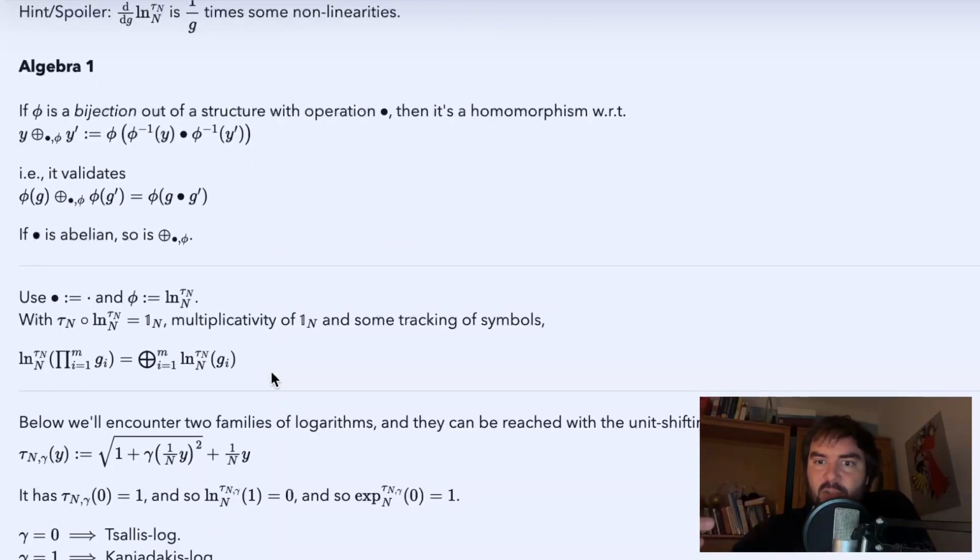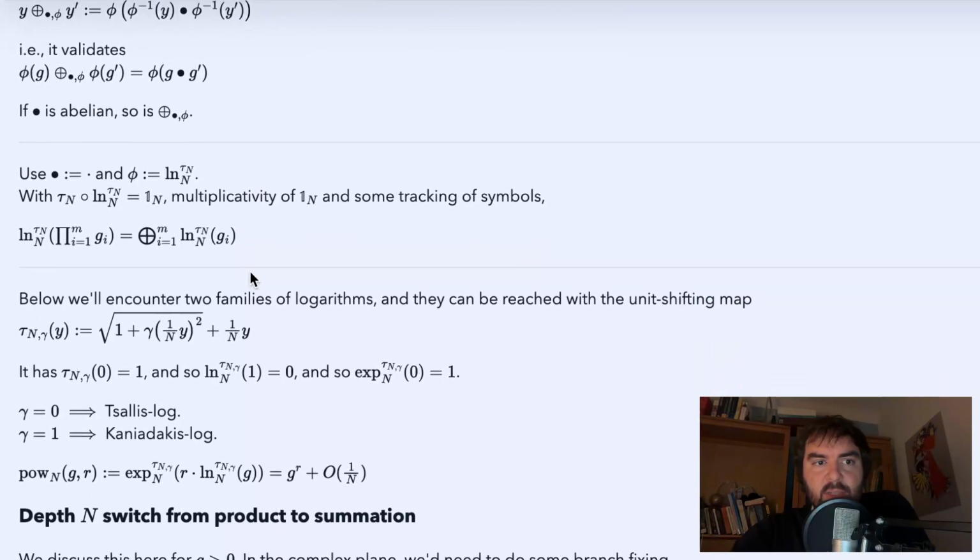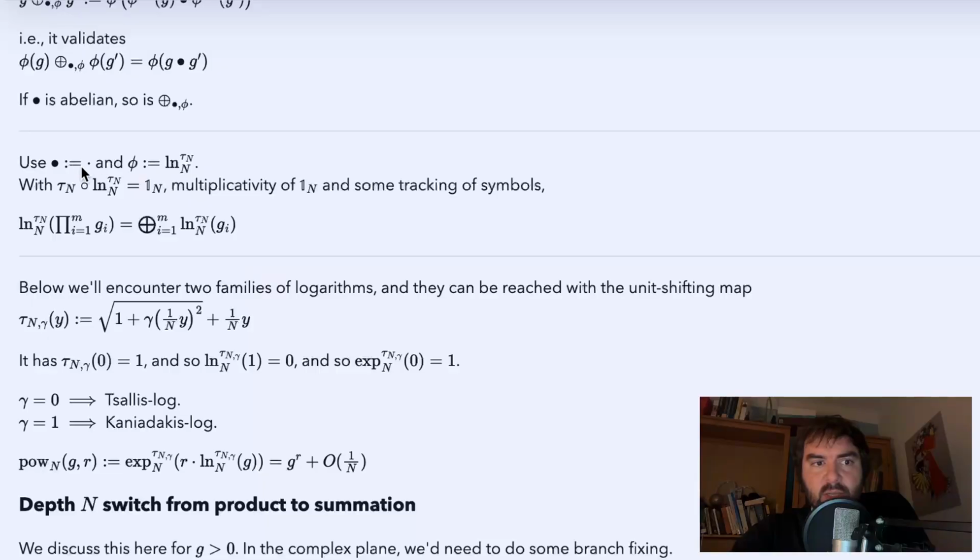Now we go into the algebra part. If you have some bijection phi and some operation bullet here, then just algebraically you can define another operation, this plus operation here. And we are interested in using the multiplication, because we are already using this Frobenius map, which is about real number multiplication.